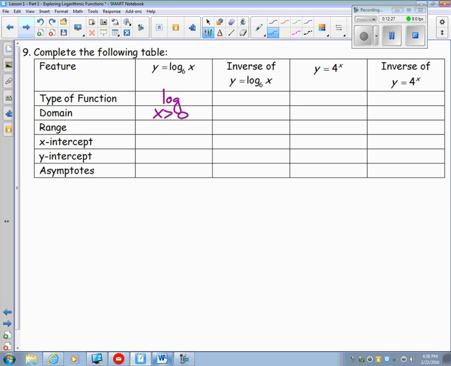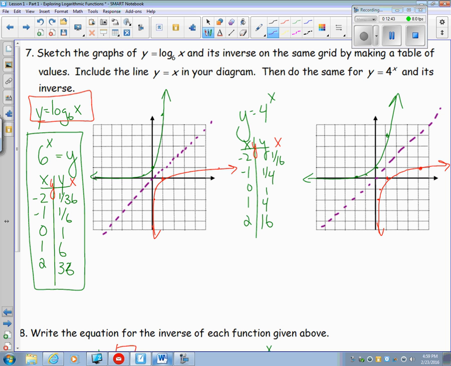The range, if you look at that one, y is all real numbers. The x-intercept, 1, 0. The y-intercept, there is none, and it has a vertical asymptote, and the vertical asymptote is always x equals 0. And we can look back at the picture and tell that. That would be the red picture, this one right here, right? That's what we're looking at.